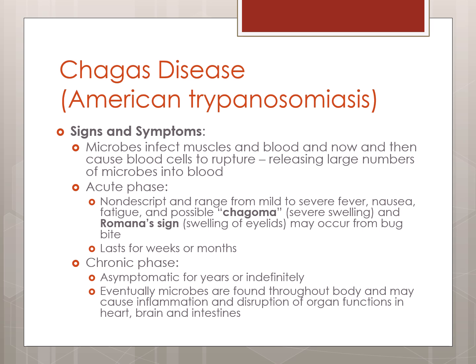There are 2 distinct phases of Chagas. The acute phase, which we can see a possible chagoma, which is a swelling of where the bug bite is. We can also see Romana's sign, which is a swelling of the eyelids or possibly drooping of the eyelids.